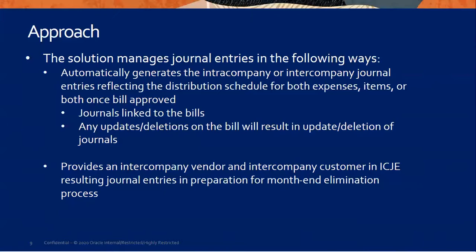If any adjustments are required to the bill, you can adjust the distribution to change the percentage weights or the amount, and it will automatically trigger the original journal entry to be reversed and recreate the journal entry based off of the updates or modifications that you have made.